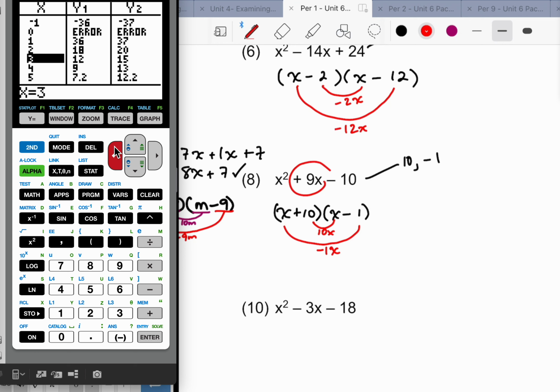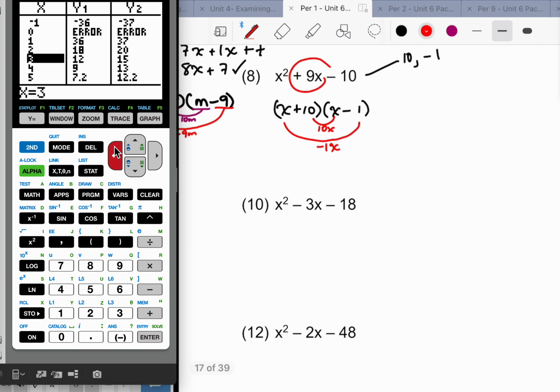The problem is when the b value is a middle of the road number, like in number 10. It's not really small, it's not really large, so are my factors supposed to be far apart or close together? I don't know, so I run through all the possibilities. 1 and 18, no. 2 and 9, no. How do I dismiss those so quickly?